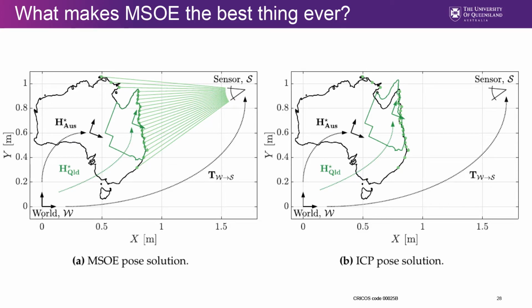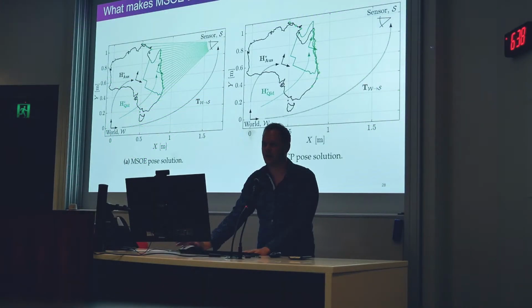There's a method called Iterative Closest Point, and it relies on scan matching based on error. So it's trying to minimize error. This is the difference between me over here trying to maximize evidence, and this one over here trying to minimize error. It can fit the Australia model to the data just as well as me. We got probably the same answer to nanometers and nanoradians, right? But the Queensland model is wrong.